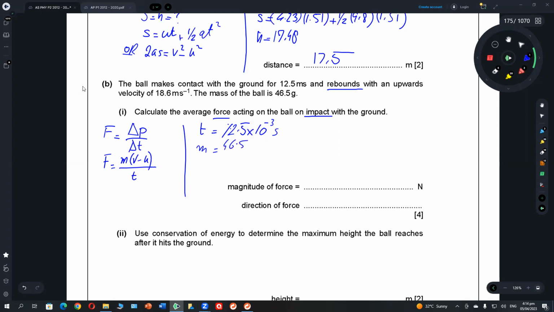Unit conversion is something which is their favorite. Now, if I take u as 19, the v, which is the rebound velocity, I should take as minus 18.6.